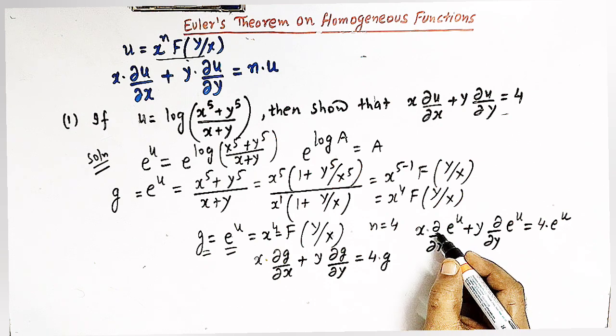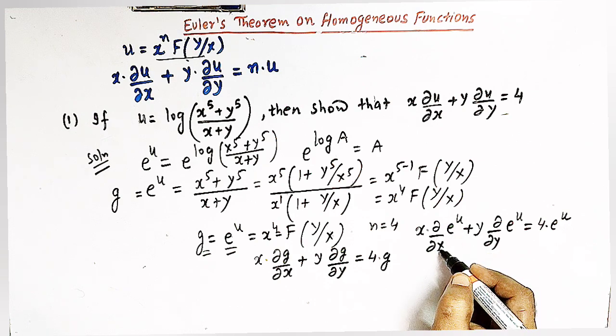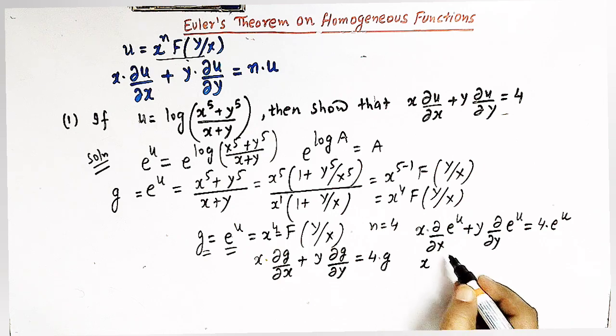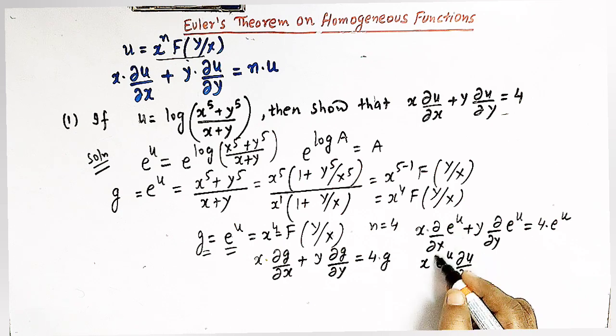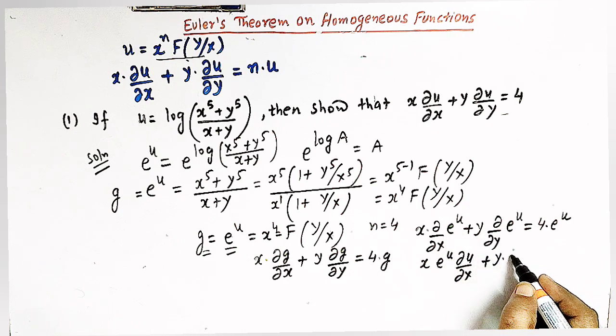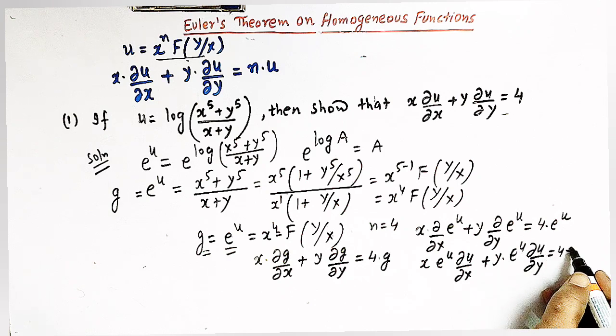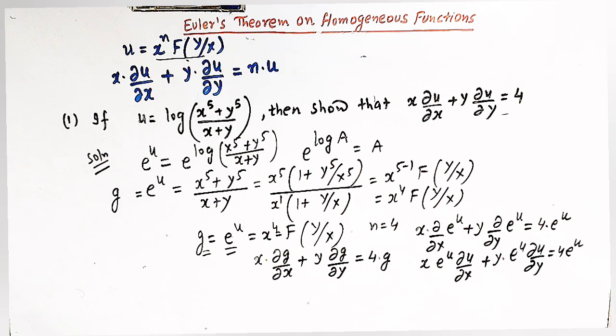Now the partial derivative of e^u with respect to x is given by e^u, and then we have ∂u/∂x. So this is by chain rule, and again here we have e^u, and then we have ∂u/∂y, and here we have 4 times e^u, right?